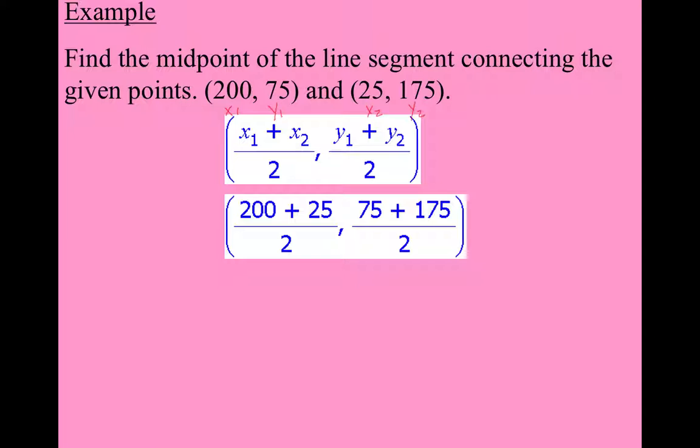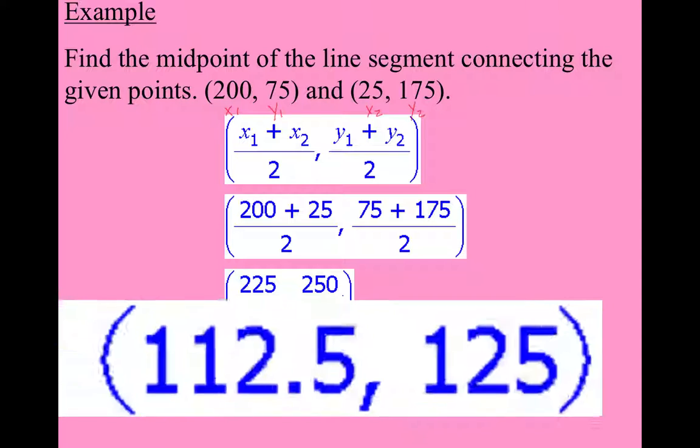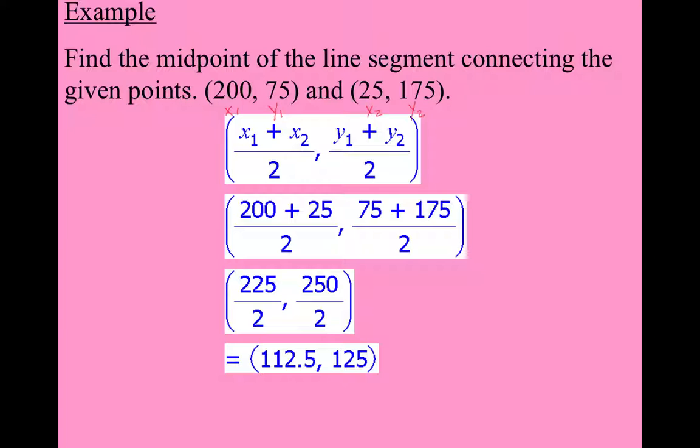Right, I get 200 plus 25 divided by 2 and 75 plus 175 divided by 2. Now, the one mistake that a lot of students make is they only want to divide one of these by 2. But remember, you take the sum of your x coordinates and then divide by 2. And so you end up with 225 divided by 2 and 250 divided by 2. And when you simplify those, you get 112.5 and 125.